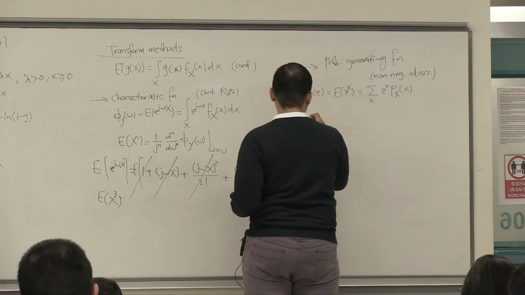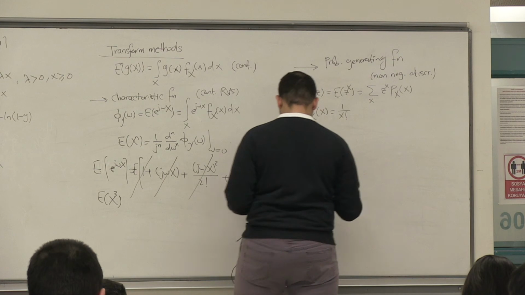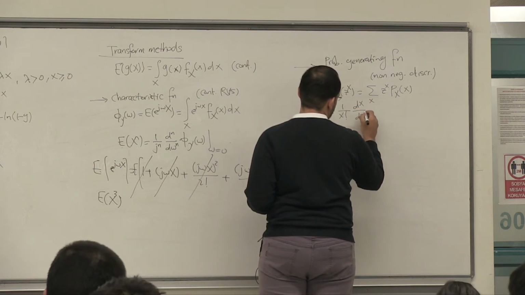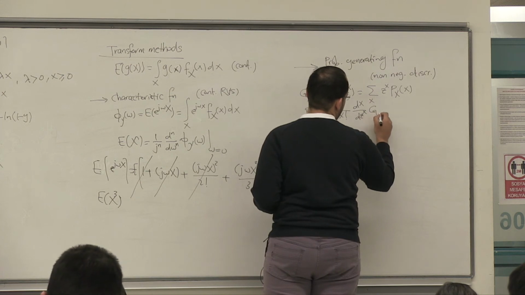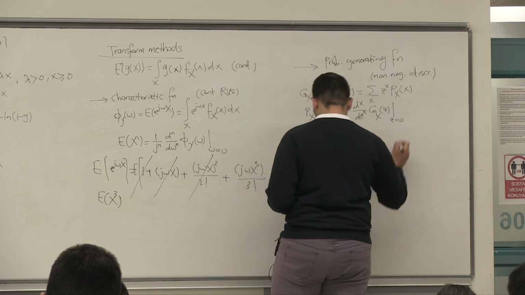All right, generating probabilities will be p x of x is 1 over factorial x, d x by d z to the x, the g x of z at z equals 0.